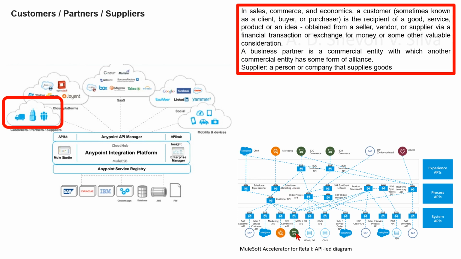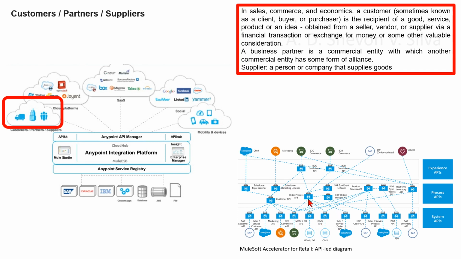Here MDM DB API, B2C commerce API, OMS API, and Sales Service order API interact with the order process API.